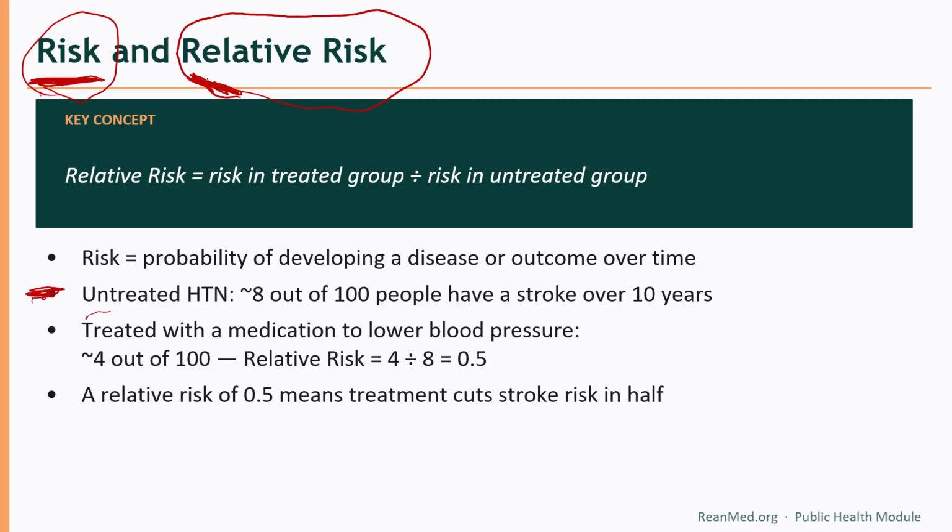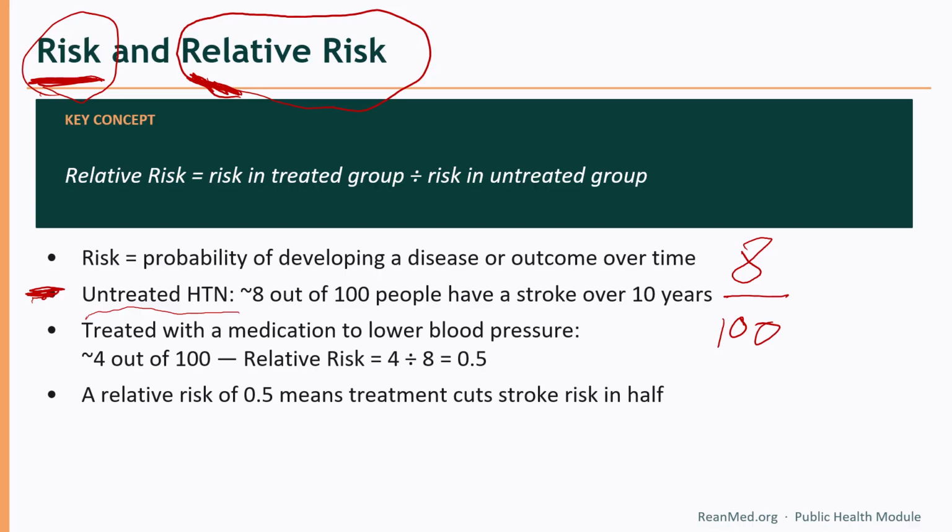For someone with untreated high blood pressure, 8 out of 100 people will have a stroke in 10 years. 8 out of 100 people. So we can calculate the risk of a stroke in 10 years. 8 people have a stroke for every 100 people.